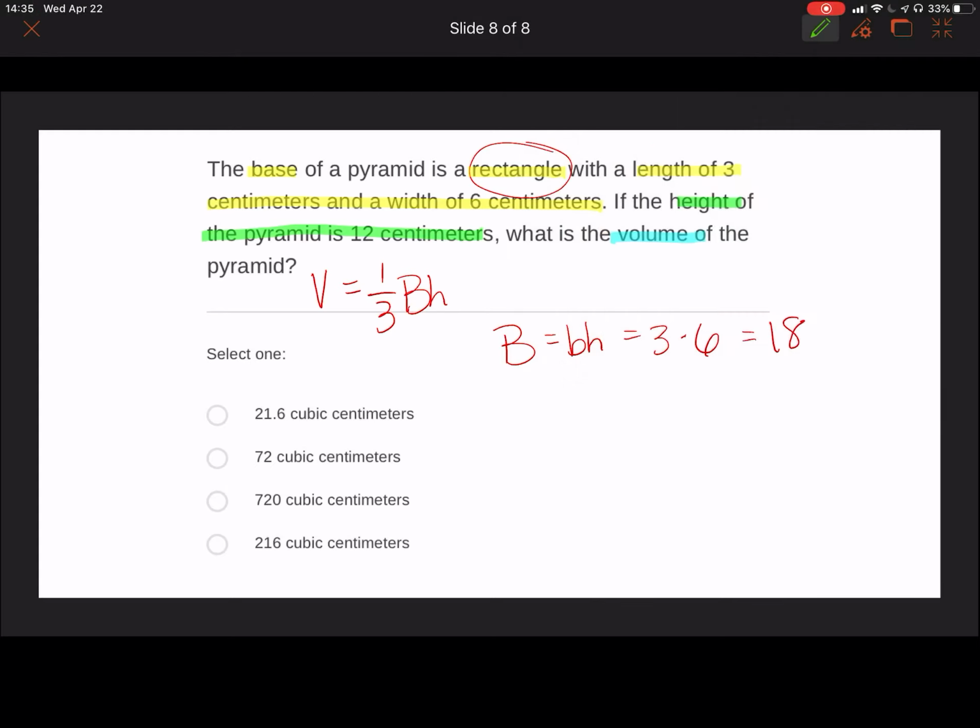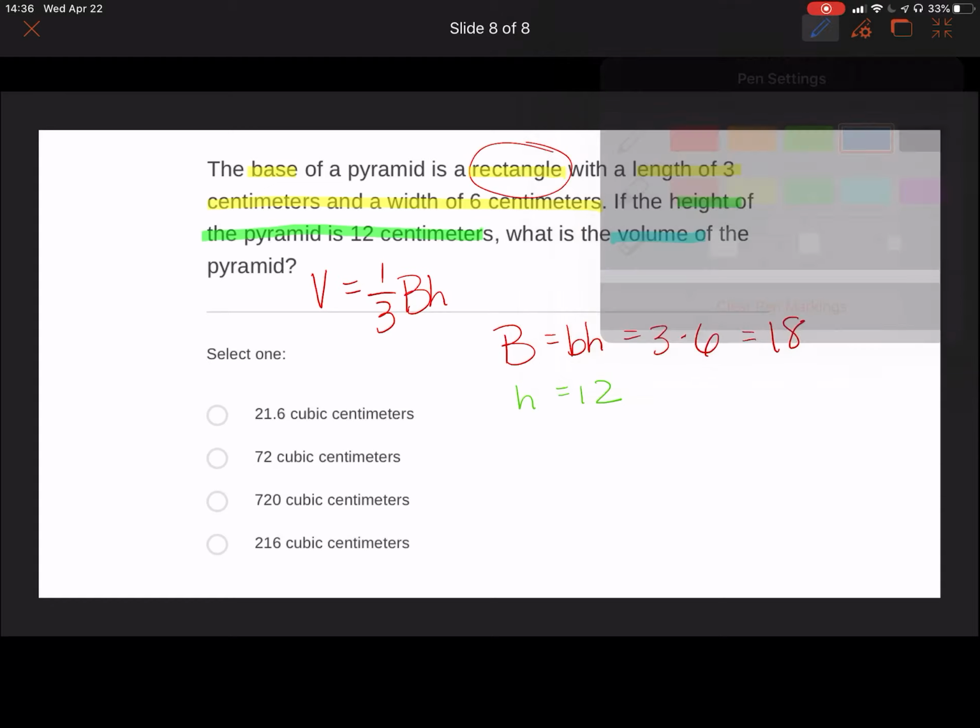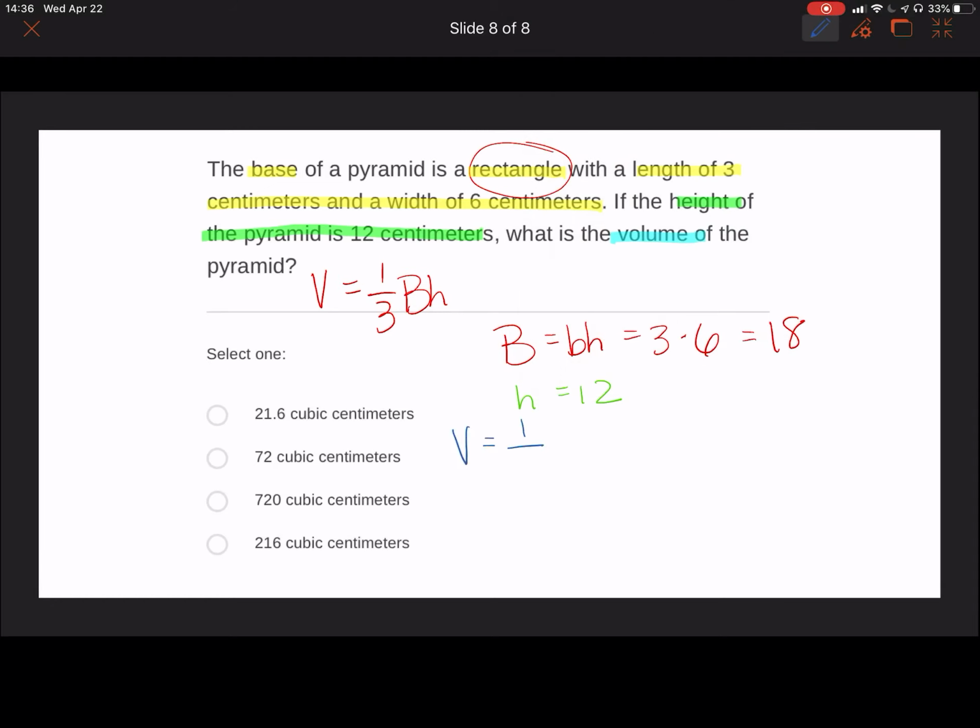And it also tells us that the height of the whole pyramid is 12. So now we can go through and fill in our formula. So 1/3 big B times the height of the pyramid. So 18 times 12.